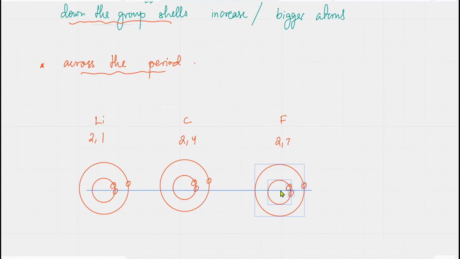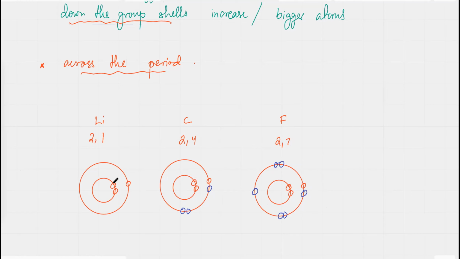And fluorine also has the same number of shells, but they're not isoelectronic, which means that they don't have the same number of electrons. Carbon will have 2 and 4 electrons, and fluorine will have 7 electrons in its outer shell. But the thing is that the shells are the same.